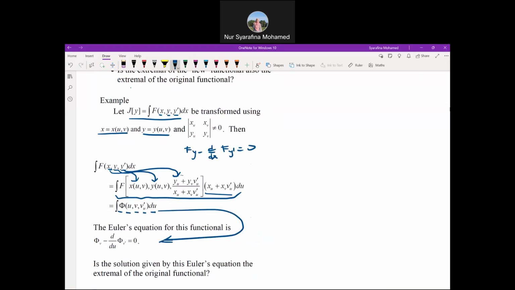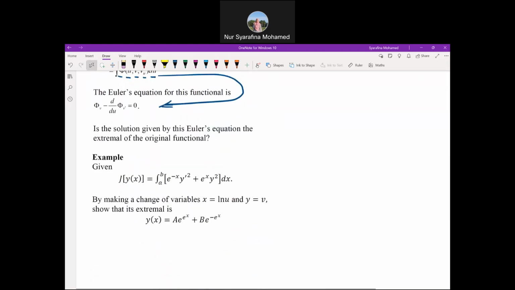Same Euler equation, but with the changing of variable. So whether the solution given by this Euler equation is the extremal of the original functional, we don't know. Let's take a look. Okay, now let's take a look at this example.